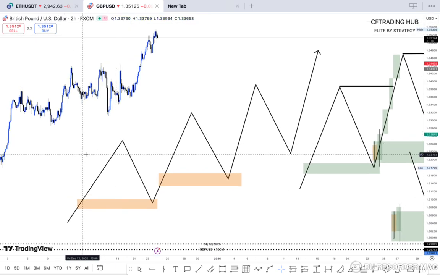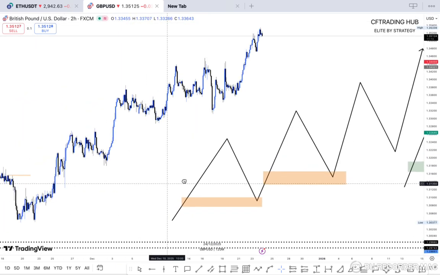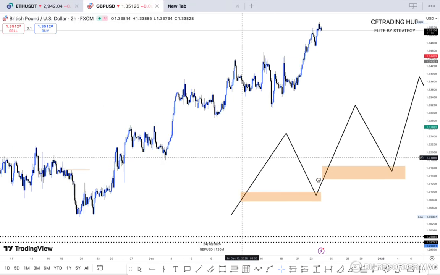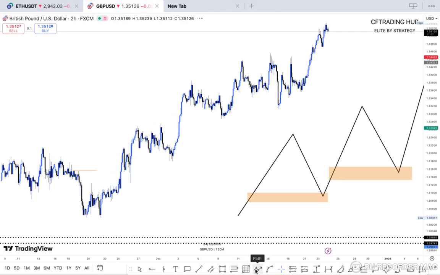So let's go through some examples over here. Now I'm working out our structure.